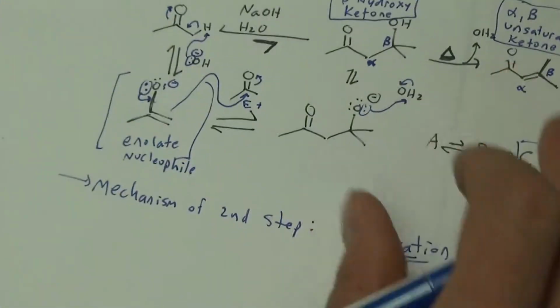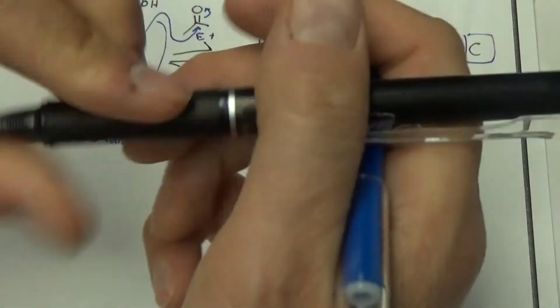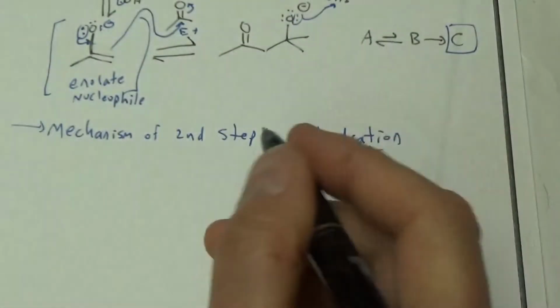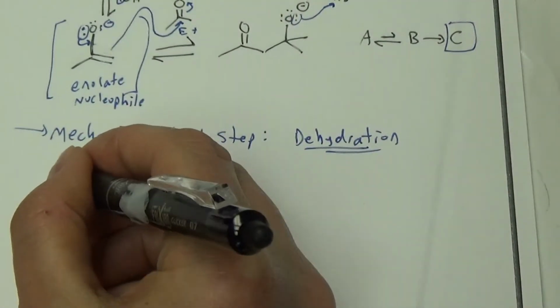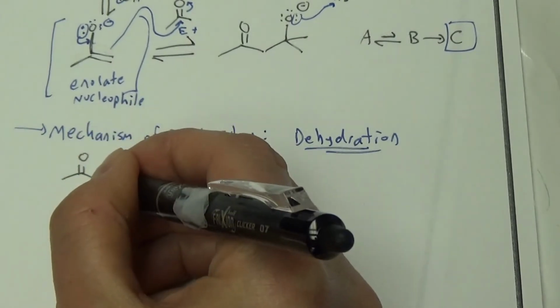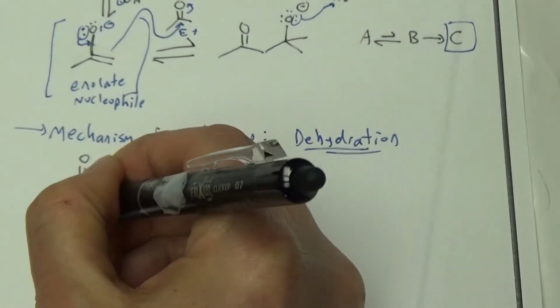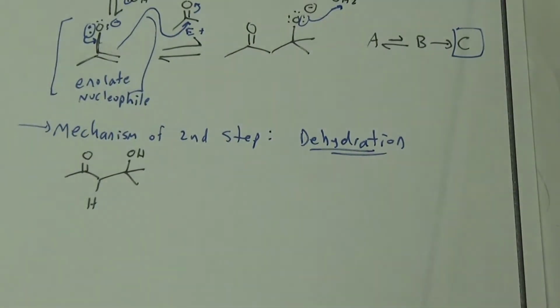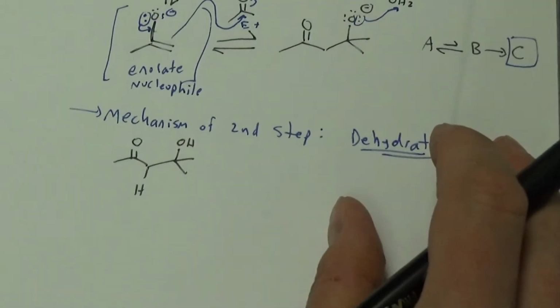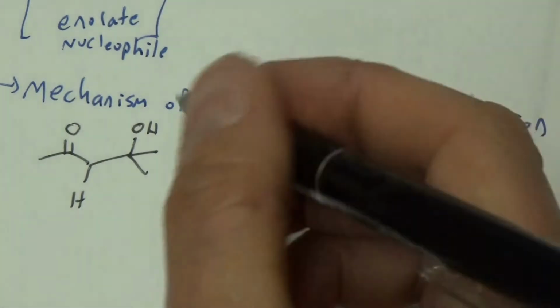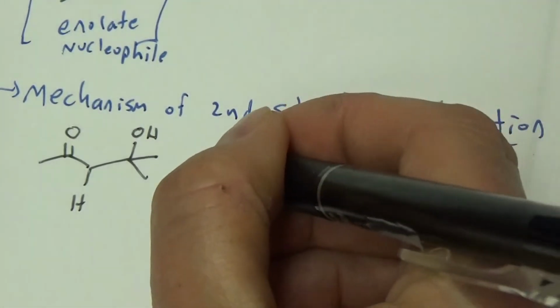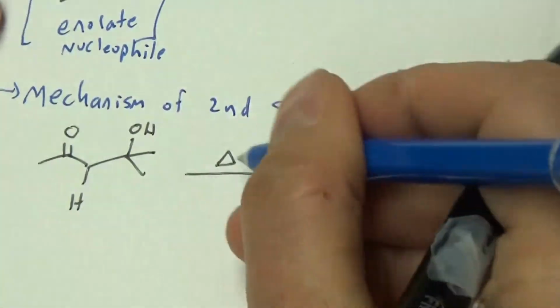Okay, so let's show that all as a mechanism. It's a pretty easy mechanism. I'm going to redraw the molecule above. So I'm going to show that alpha proton now. Heat, water goes away.